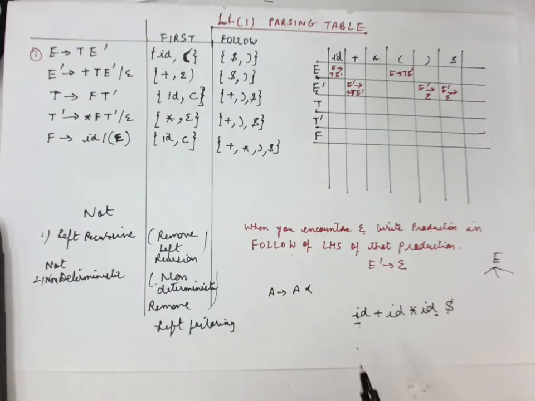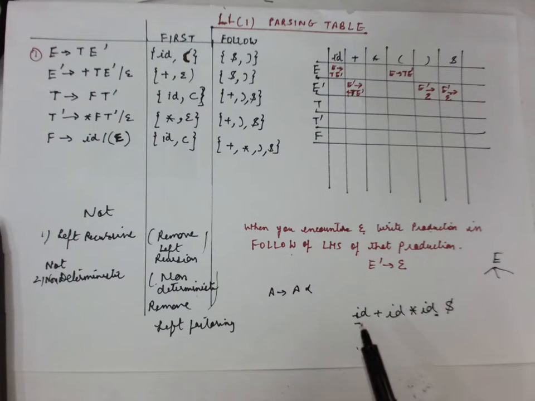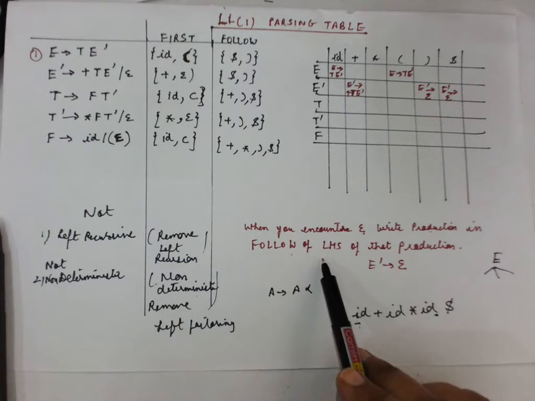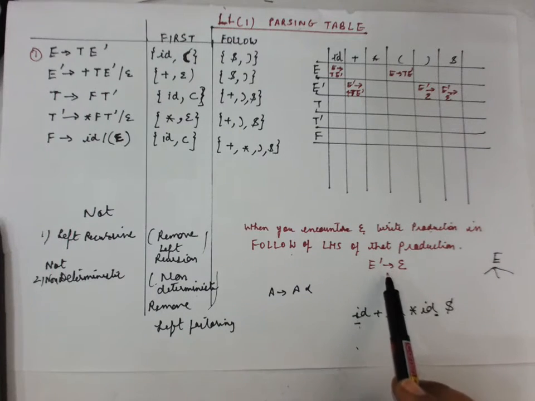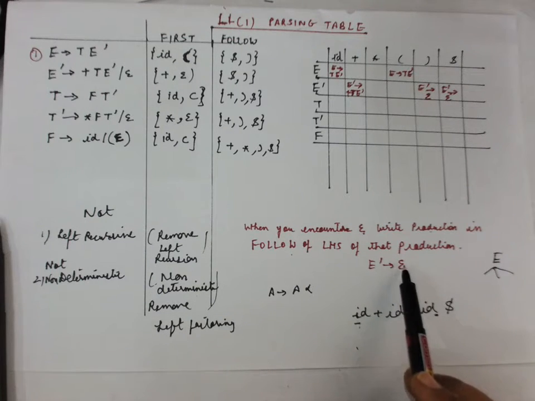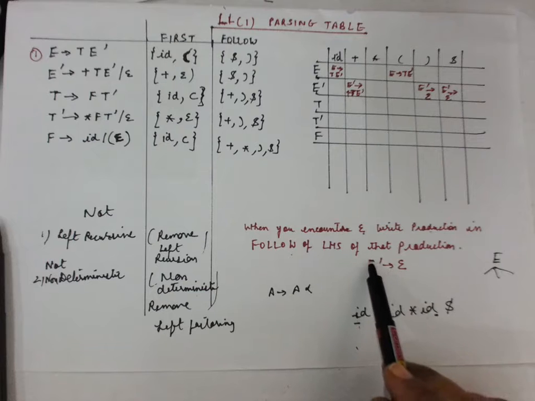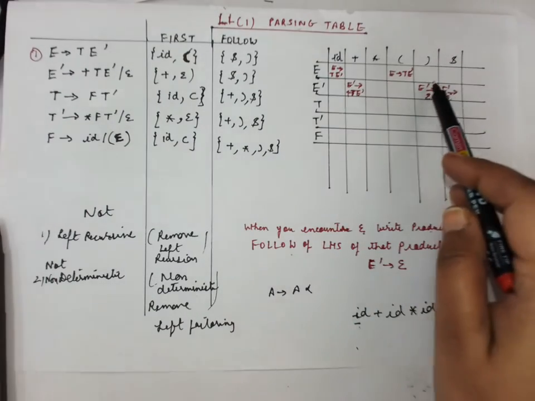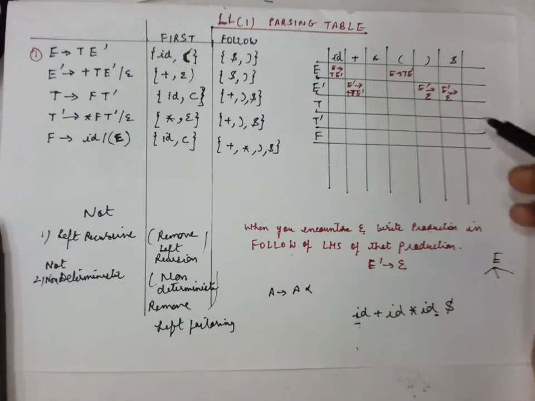You have to keep in mind that when you encounter epsilon, you have to write the production in follow of LHS of that production. So you have E dash gives epsilon; the LHS of this is E dash, so you take follow of E dash, that means dollar and right parenthesis, and you write this production E dash gives epsilon there.